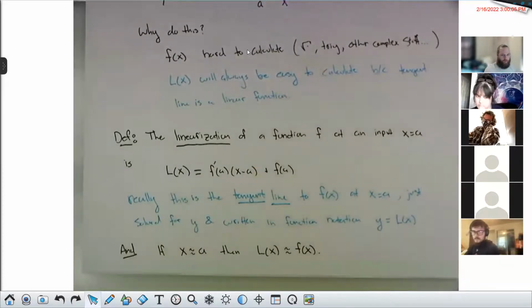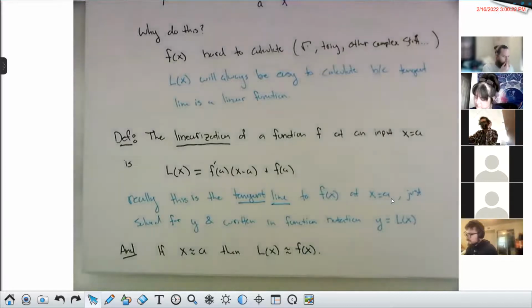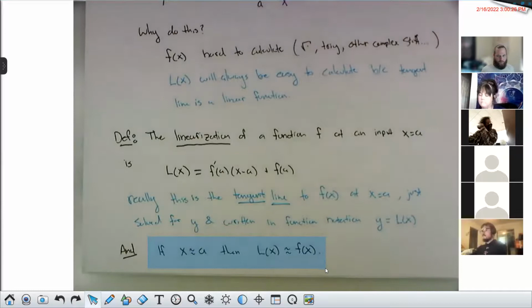That's the idea. So you can plug in whatever you would want to plug into f, but can't because the arithmetic is nasty. You plug that into L instead. The only requirement is that the x value you intend to plug in needs to be somewhere close to the x value where you made the tangent line. There are quantitative versions of this theorem that tell you a little bit about the error. We're not going to worry about that right now.